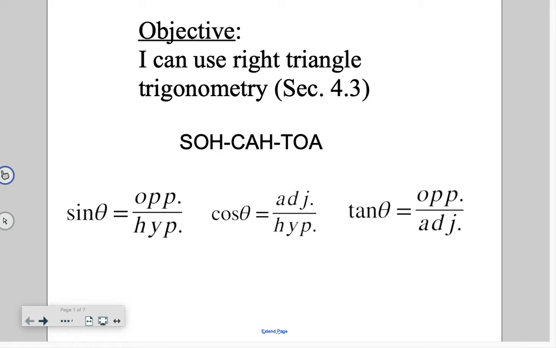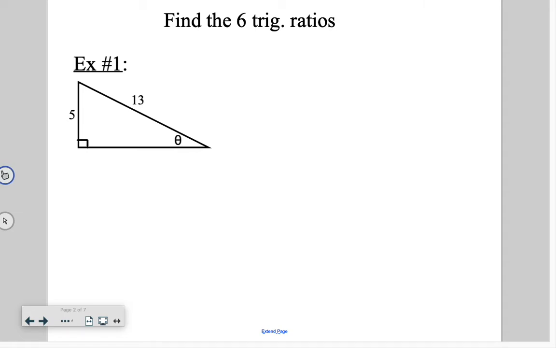All right, let me give you example number one. Here's your first example. We're going to find the 6 trig ratios in relation to theta. So we're going to set up what is the sine of theta, what's the cosine of theta, and so on.